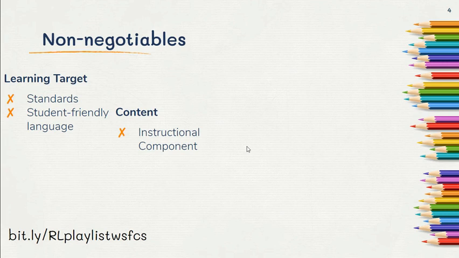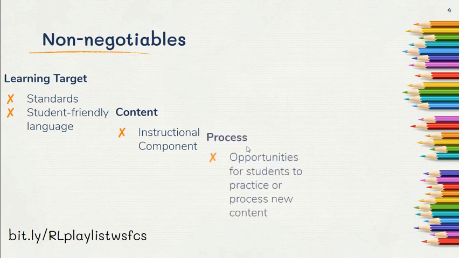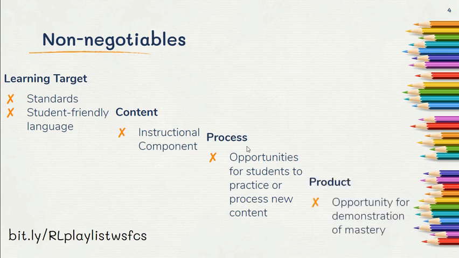It could be a video or a reading or a graphic organizer. Process, we want to allow our students multiple opportunities to practice or process new content. And product, we want students to have the opportunity to demonstrate their mastery of new learning.